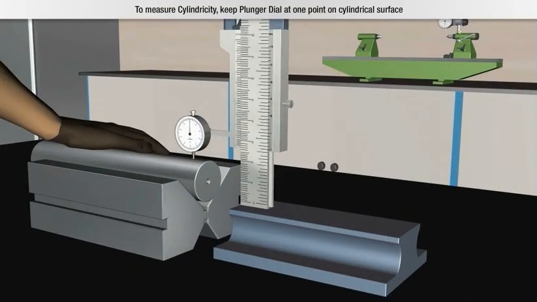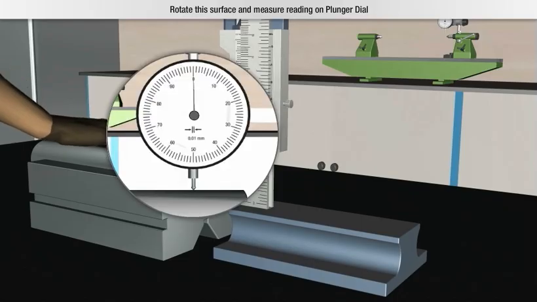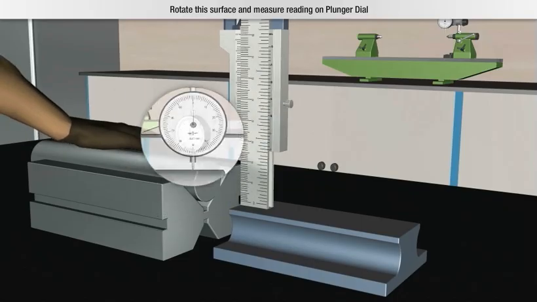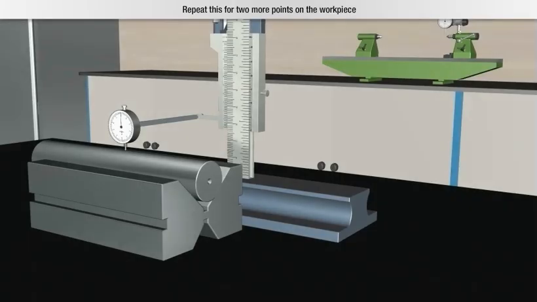To measure cylindricity, keep plunger dial at one point on cylindrical surface. Then, rotate this surface, and measure reading on plunger dial. Repeat this for 2 more points on the workpiece.